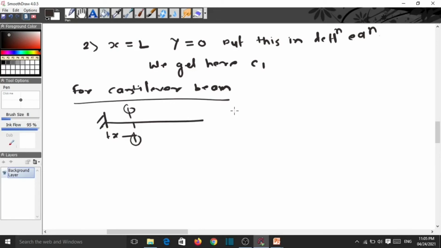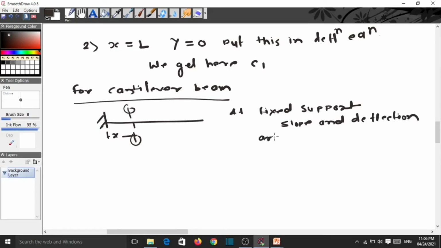At the fixed support, slope and deflection are 0; the 0 term is important here.